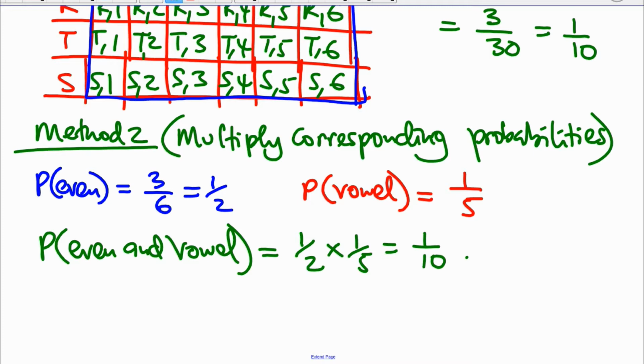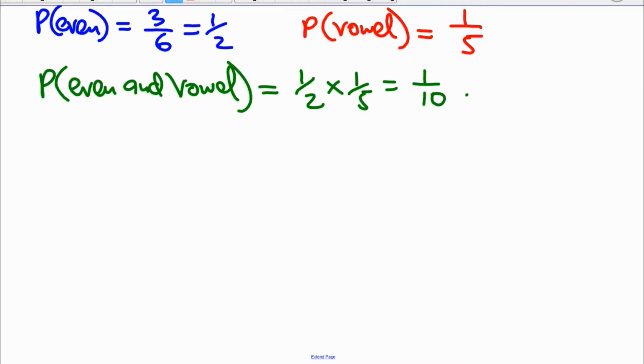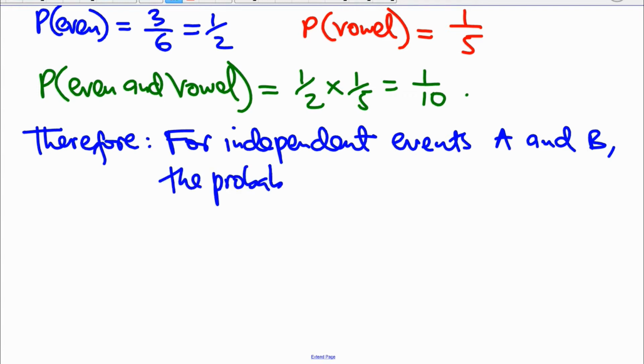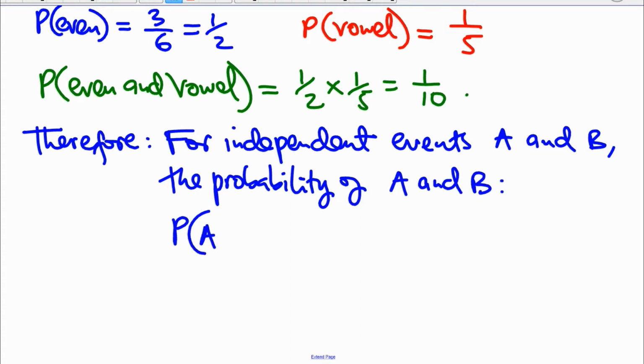So in general, for independent events A and B, the probability of A and B will be equal to P(A) multiplied by P(B).